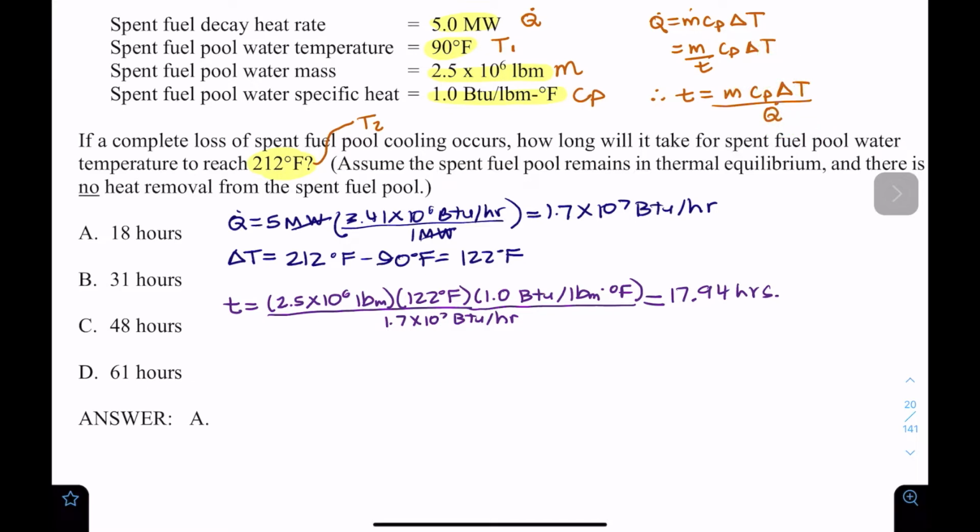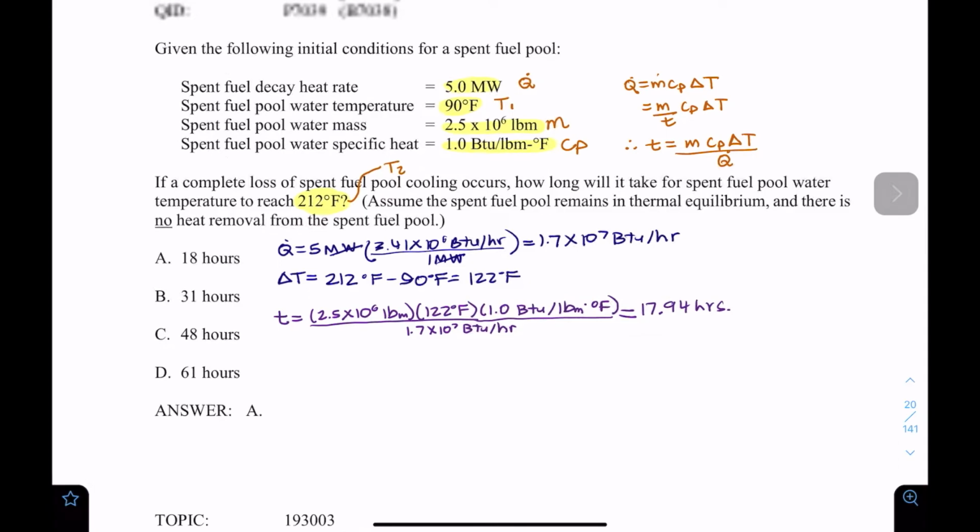So it's just a matter of plugging everything in, and my answer will be 17.94 hours, which is approximately 18 hours. And that's going to be my answer for that. Very simple, very straightforward. It's asking for the time, right? This is how we get the time.